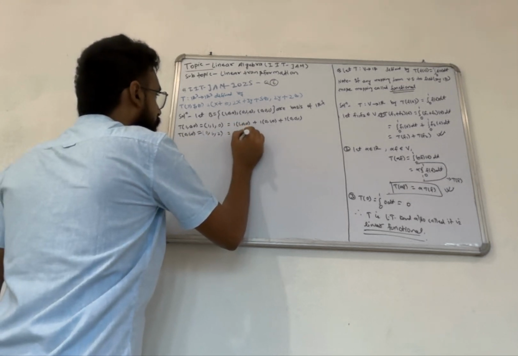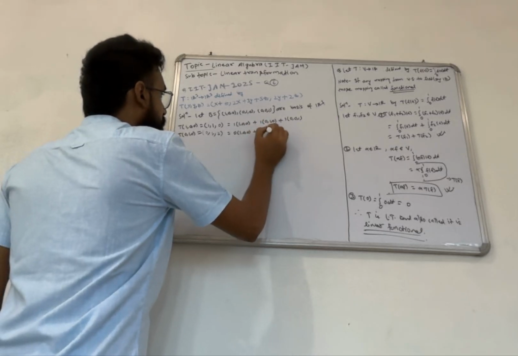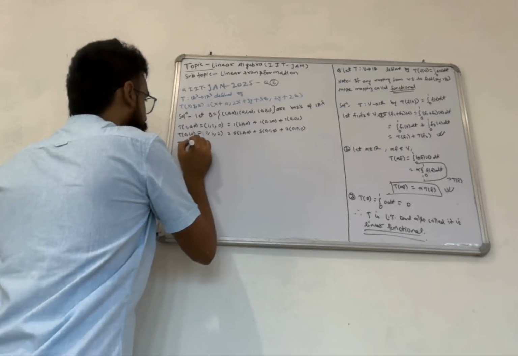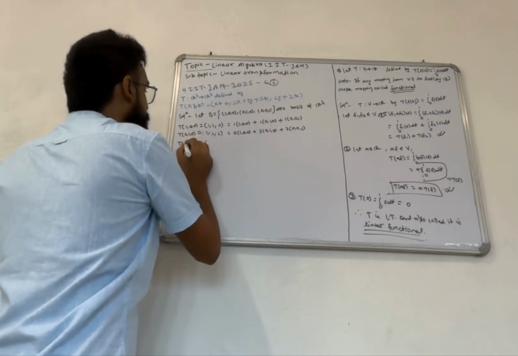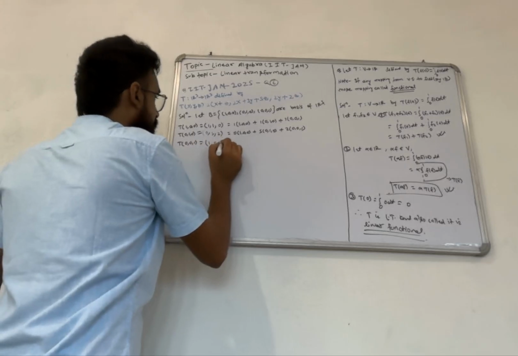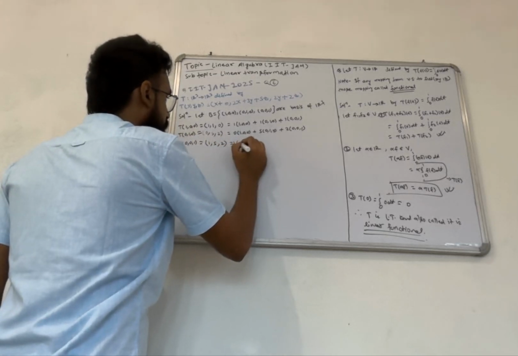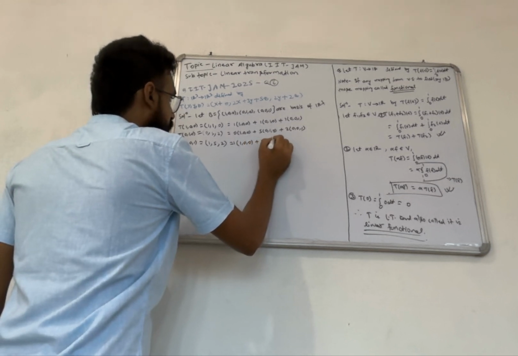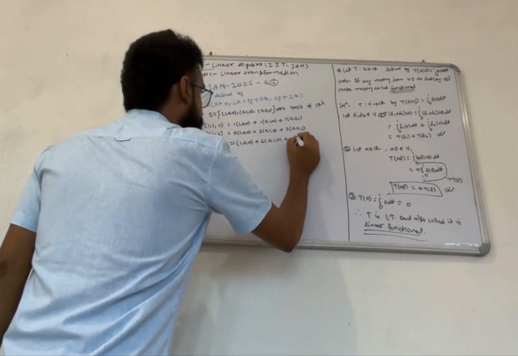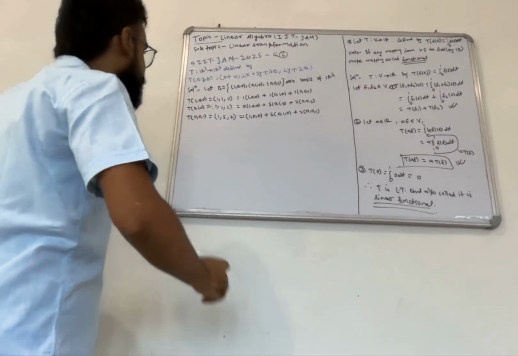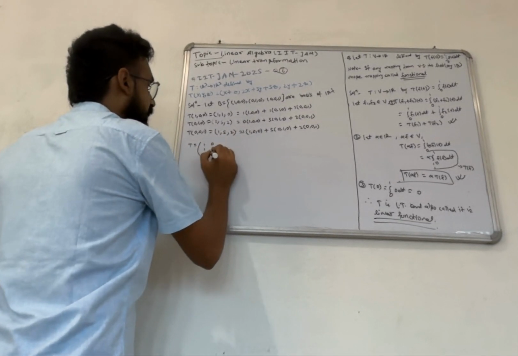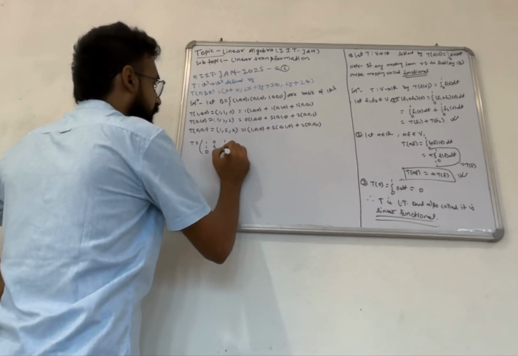So it is 0, 3 and 2. Now our matrix is built from these columns.